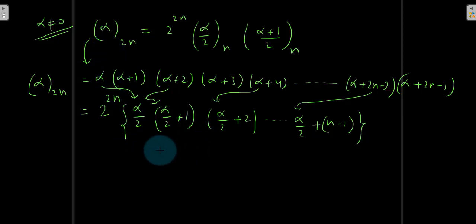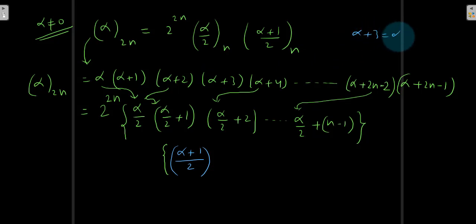Now I'm going to write the remaining terms. So what are the remaining terms that I skipped? The remaining terms are alpha plus 1 divided by 2, then alpha plus 3, and I can write alpha plus 3 as alpha plus 1 plus 2, and since I'm dividing it by 2, I can directly write it as alpha plus 1 divided by 2 plus 1.